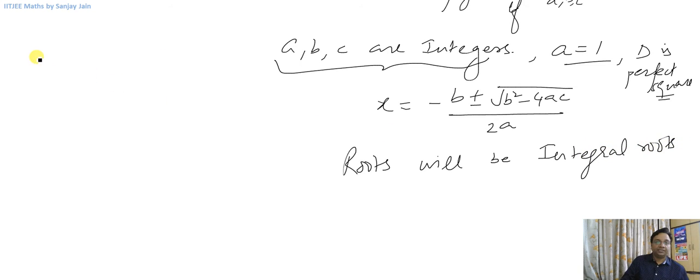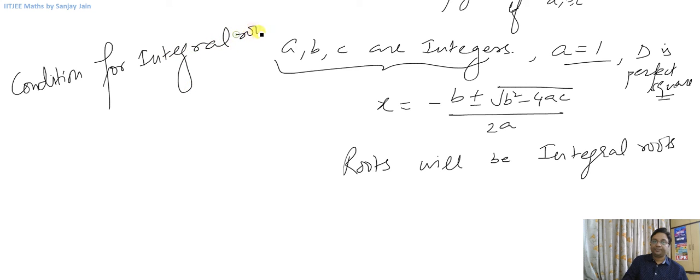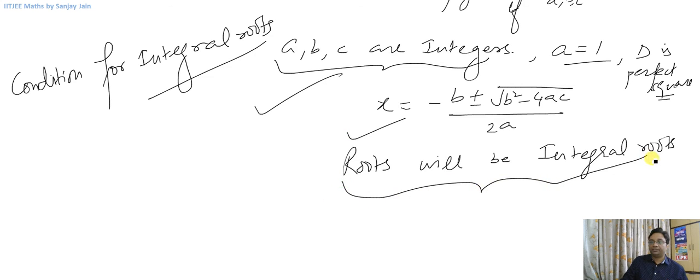So this is a kind of condition for integral roots. You can say that if these conditions are satisfied, then the roots of the given quadratic equation will be integral roots.